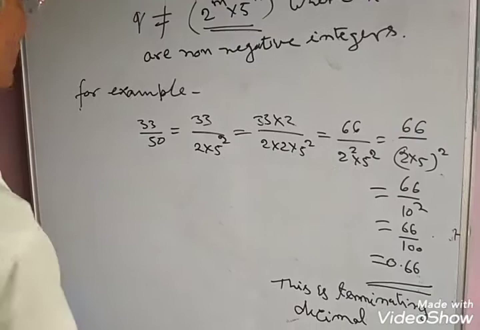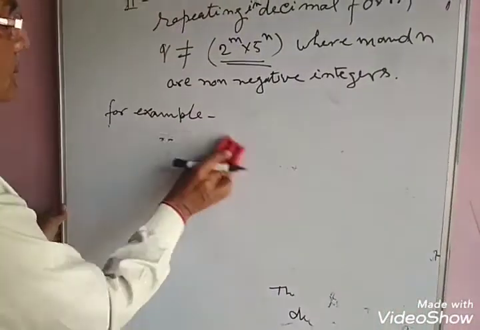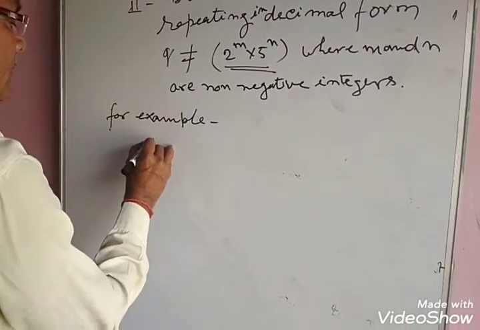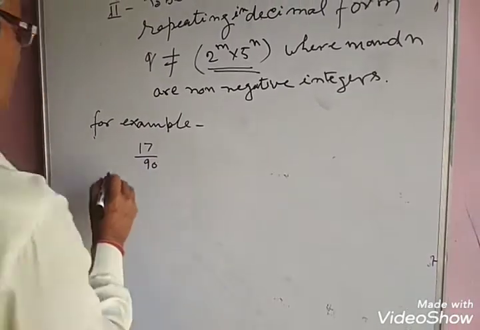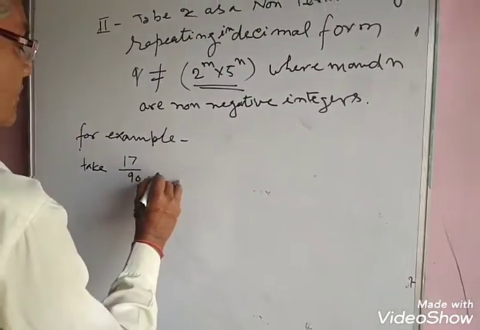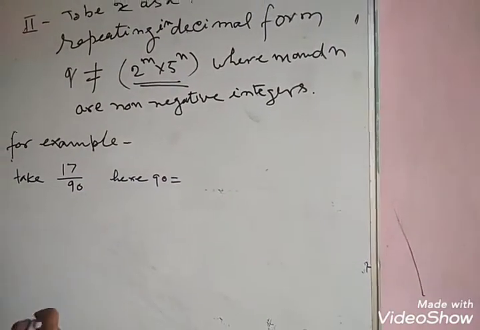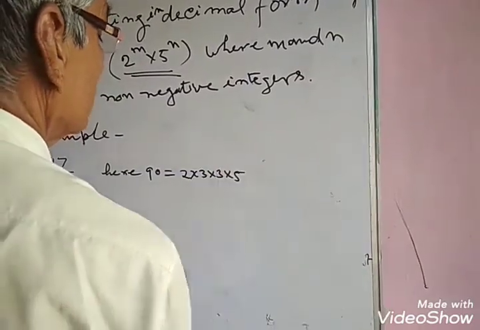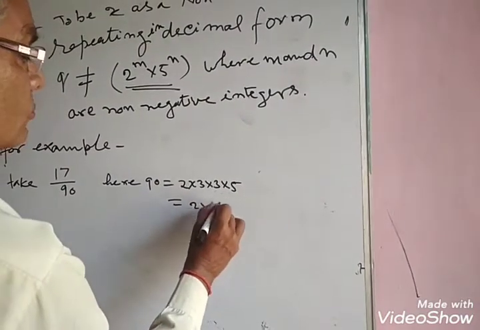For non-terminating, take the example 17 by 90. Here 90 is equal to 2 into 3 into 3 into 5, that is 2 into 3 to the power 2 into 5.